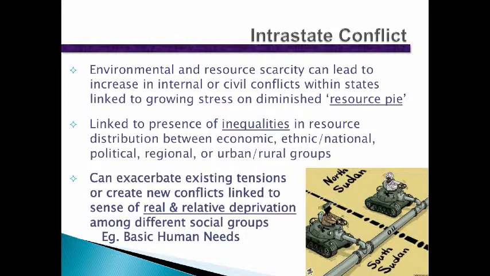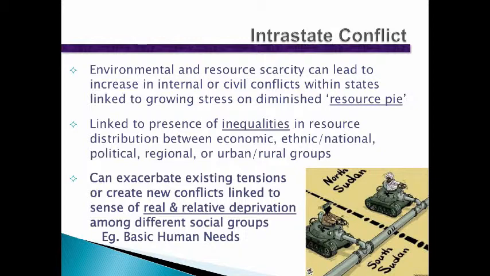And this is compounded by the presence of inequalities in how these resources tend to be distributed within a society. We often see inequalities between who gets access to certain resources and who doesn't, sometimes between economic or class groups, sometimes between different political groups, sometimes between regional groups.